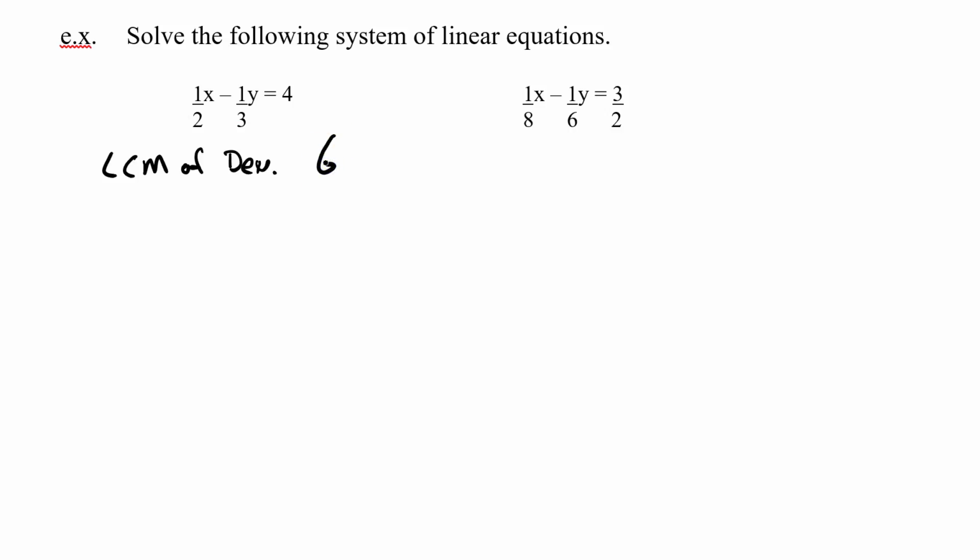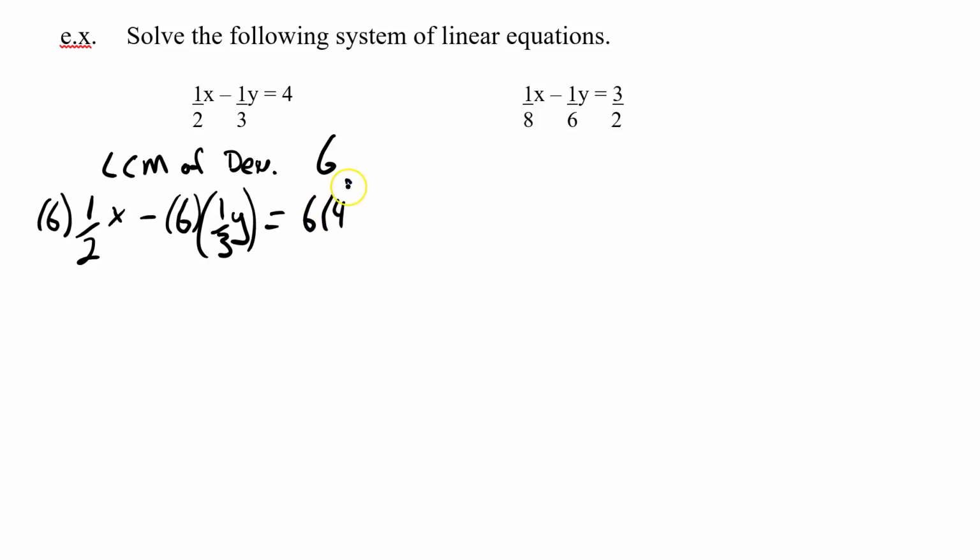So what I do now is I take each part of my equation and times it by 6. So I'm going to get 6 times 1/2 x minus 6 times 1/3 y equals 6 times 4.